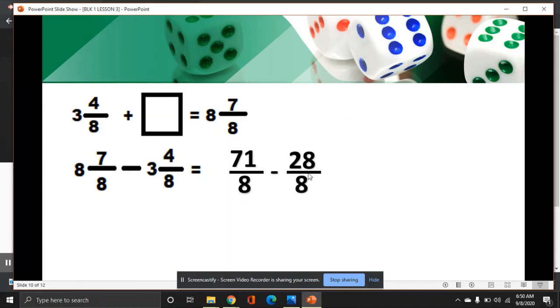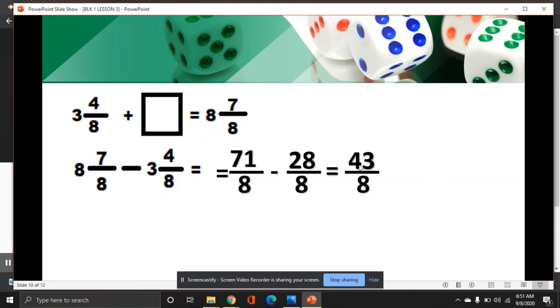Now that we have similar denominators, we need to subtract our numerators and copy our denominator because they are just the same. 71 minus 28, we got 43 over 8. Is this our final answer? No. We need to convert it to a mixed number.